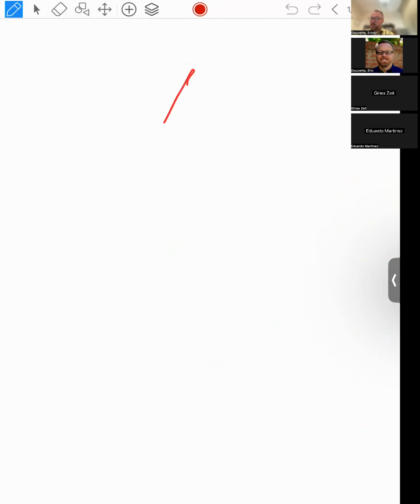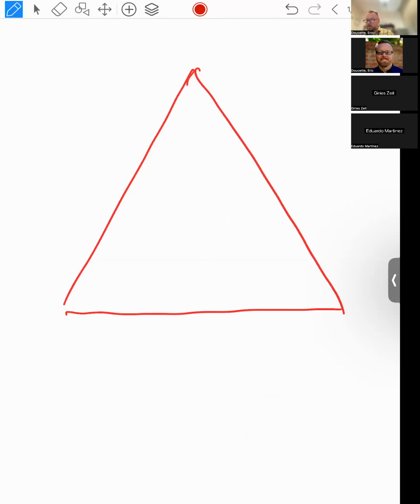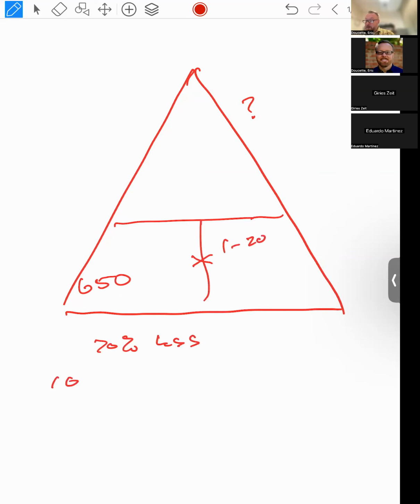So what we're doing here is we're taking the same triangular formula. We're still dealing with the same base. So what was it again? 650. But what we're doing in both of these problems is altering the rate depending on the problem. So in this case, we were trying to find the portion, but the rate wasn't expressed in direct terms. For instance, it was 20% less, right? So we could have just gone 1 minus 20% equals 80%.